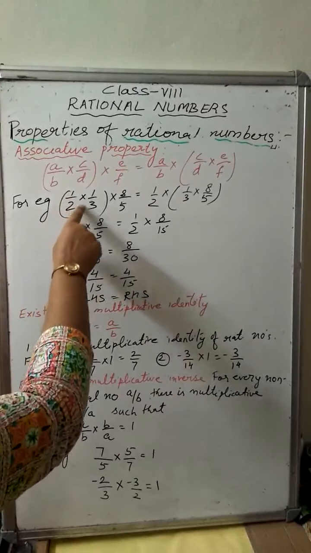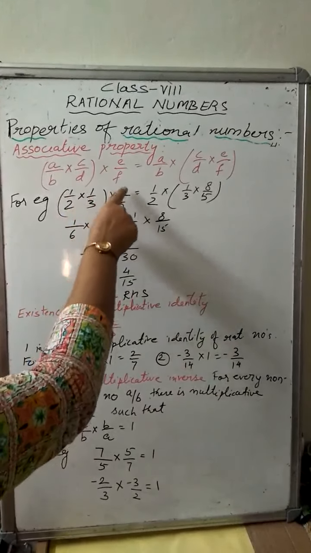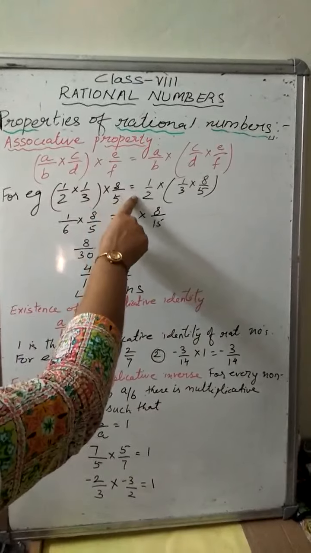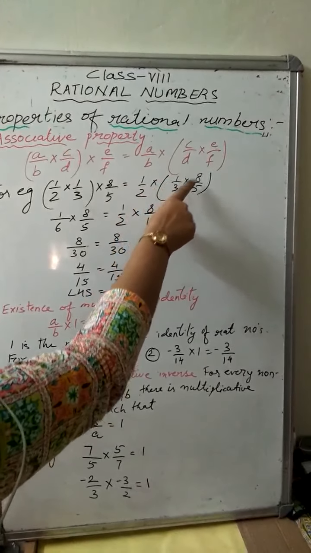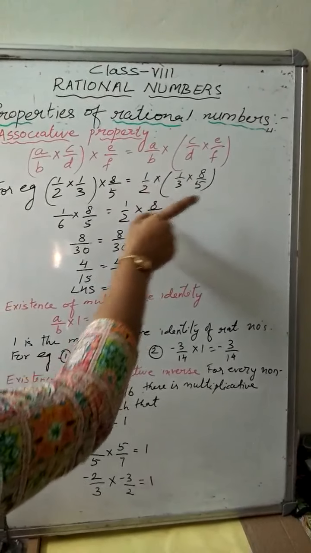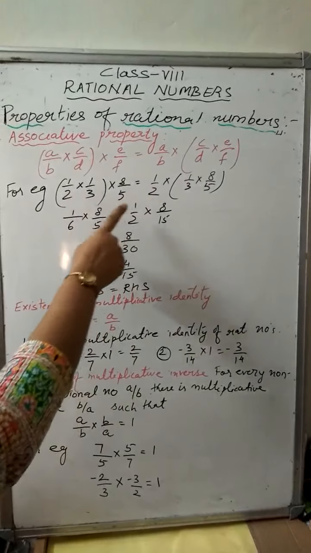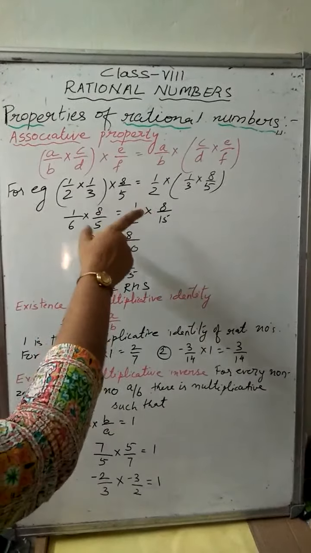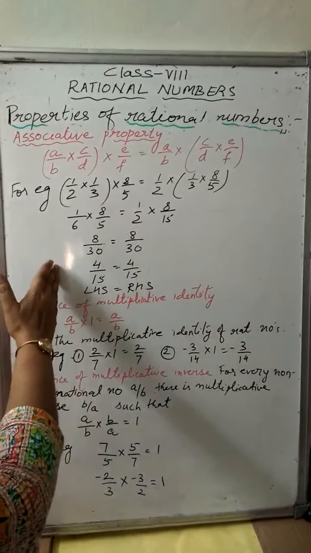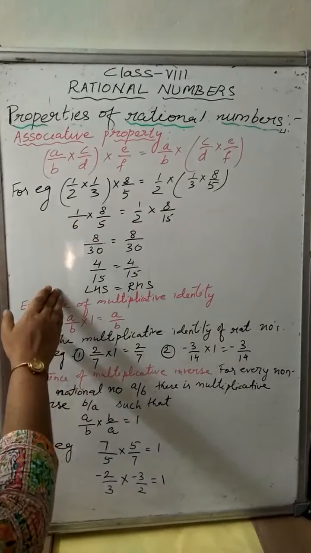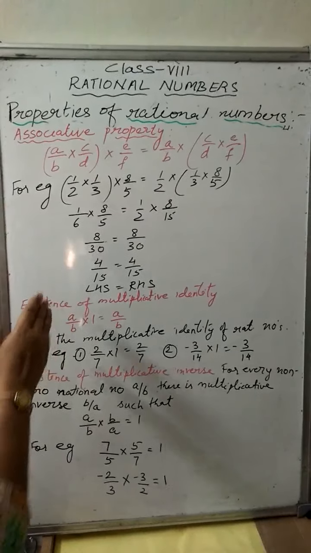1 by 2 into (1 by 3 into 8 by 5) is equal to (1 by 2 into 1 by 3) into 8 by 5. So here we have to solve both LHS and RHS simultaneously, or you can solve them separately also to check whether LHS is equal to RHS or not.